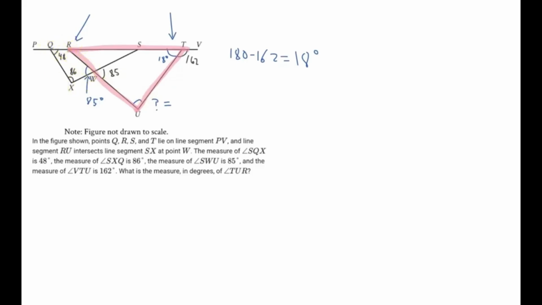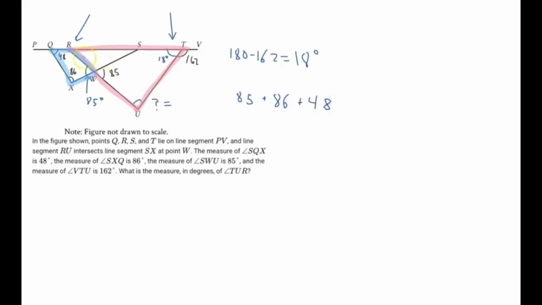And it's a closed shape. So because of that, this will have 360 degrees, right? And so what we've just done is we found three of the angle measures. We found 85 degrees, and they also gave us 86 degrees and that 48 degrees.